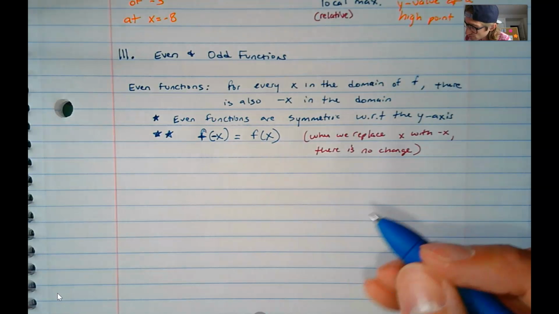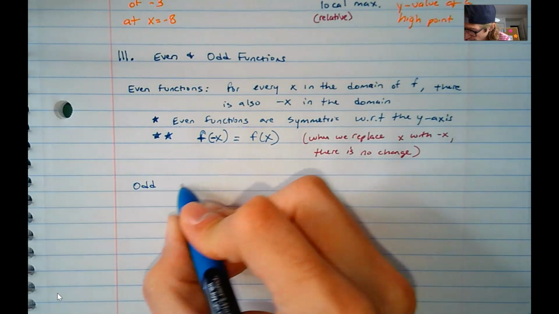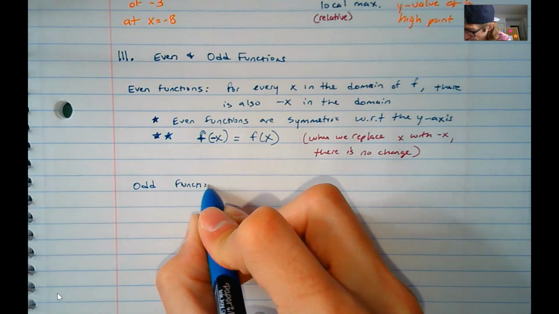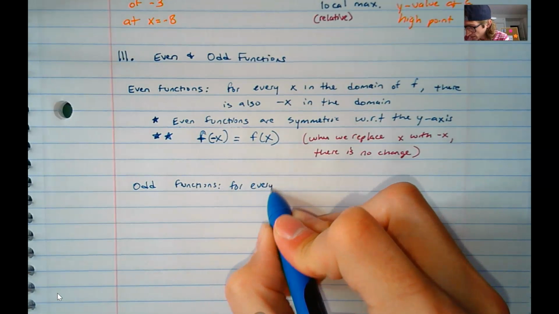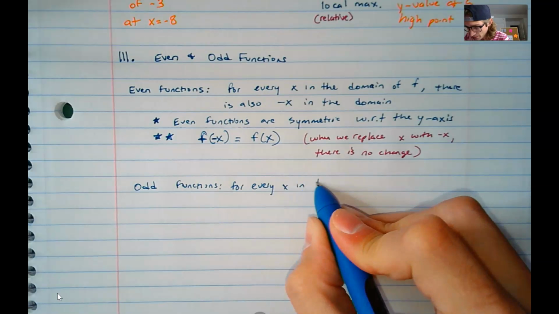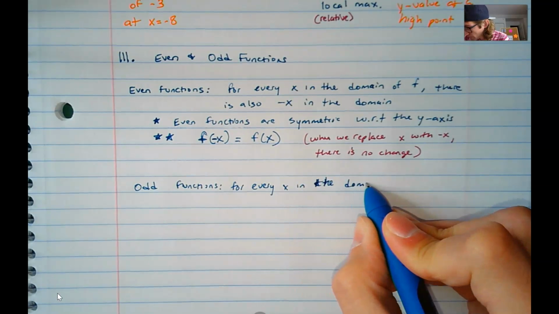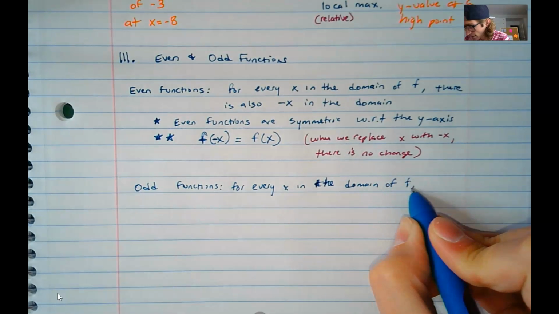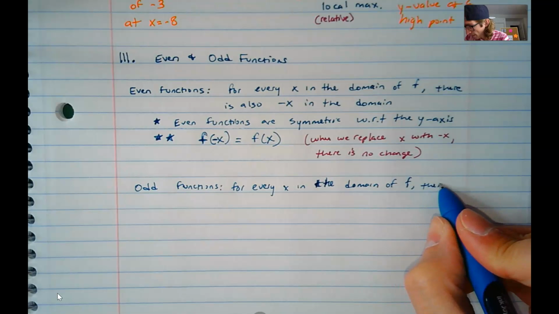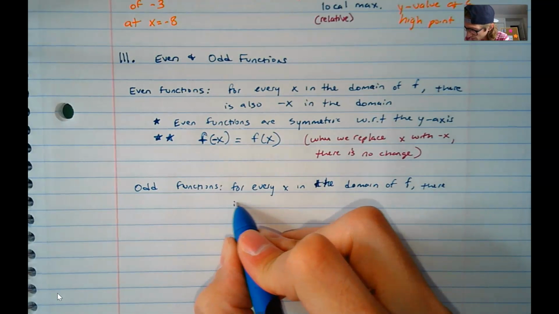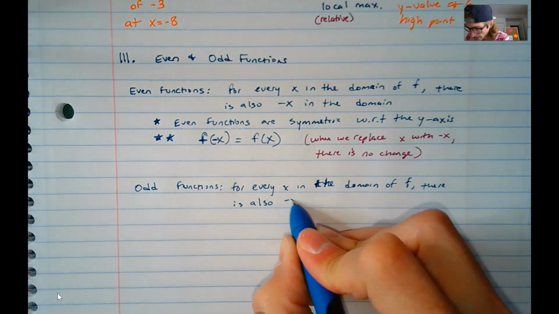Odd functions, let's write down the definition for that. It's going to start off the exact same way. For every x in the domain of f, there is also -x.